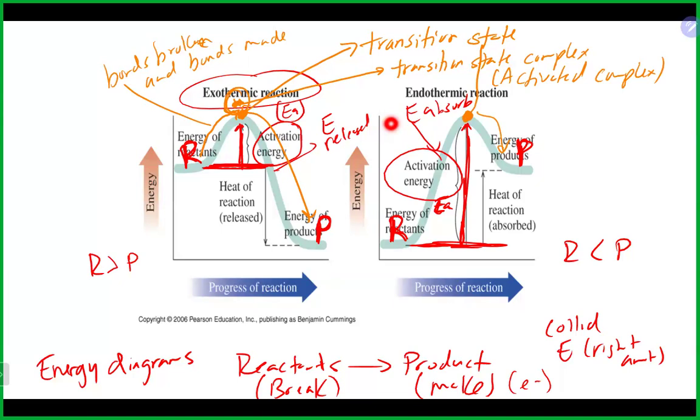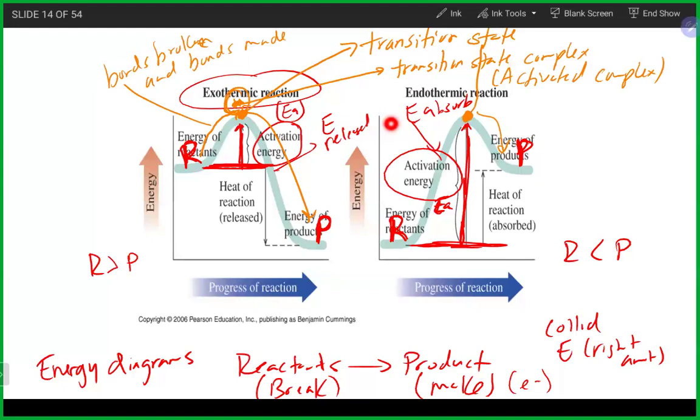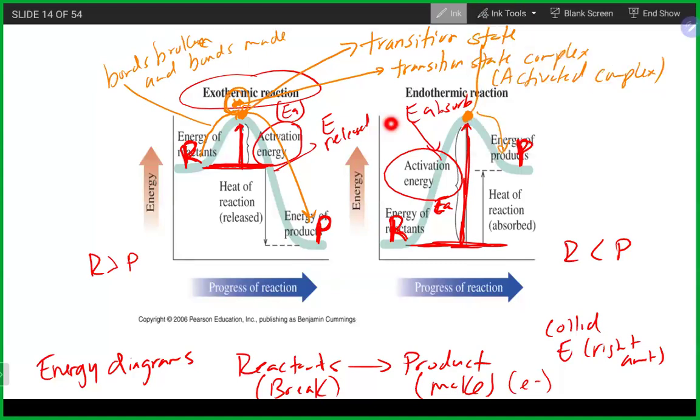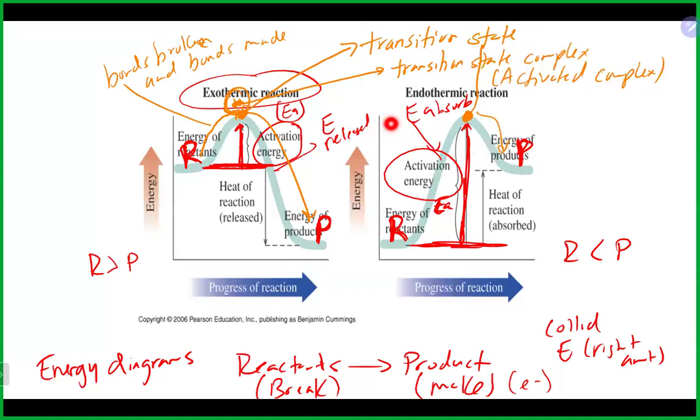Now we talked about delta H, which is our change in enthalpy, which is a very common way that we look at a reaction and think about energy. And one way, as we'll talk about here, that you could calculate the delta H of the reaction is to take the delta H of our products minus the delta H of your reactants.